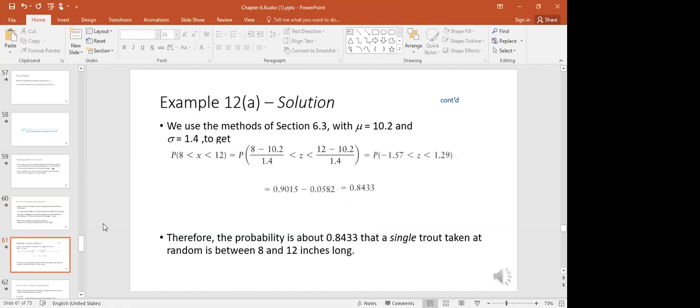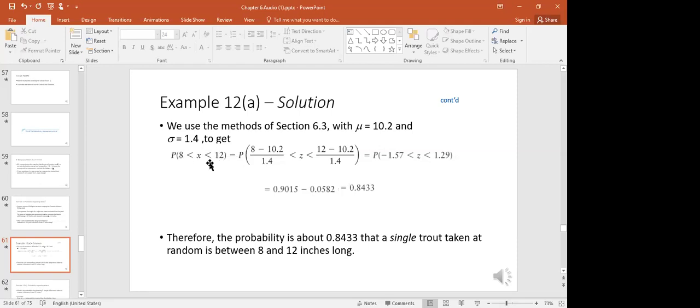Can you use your calculator here? Yes, I can. And this is still normal CDF. Yes. And then for the upper and lower, it is the probability that X is between 8 and 12.